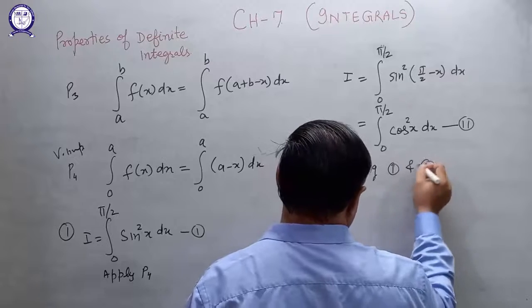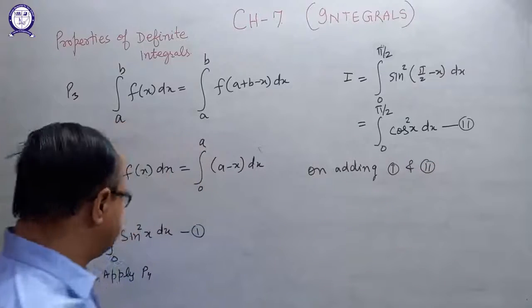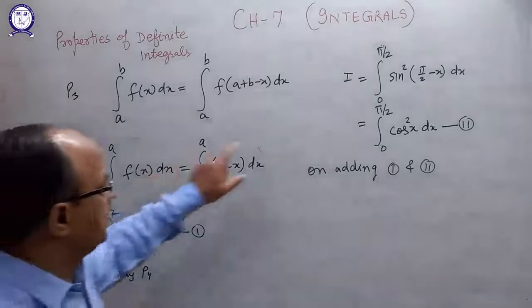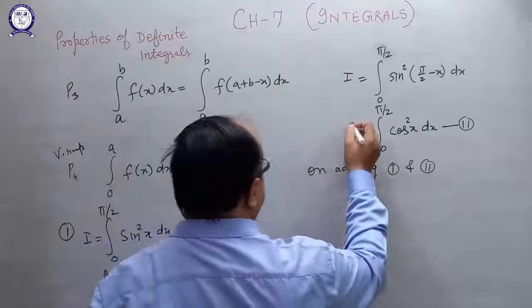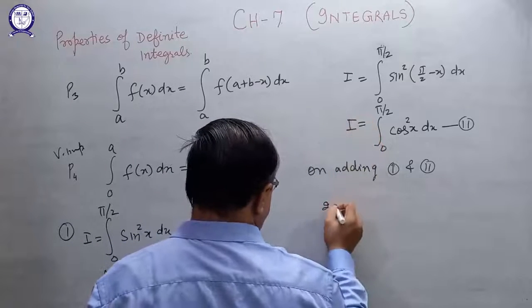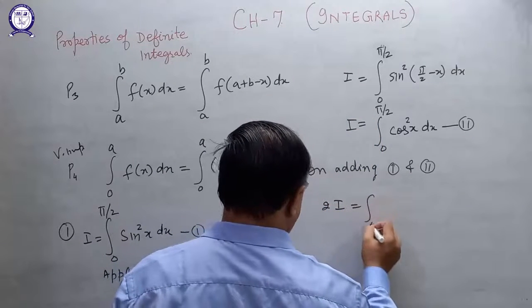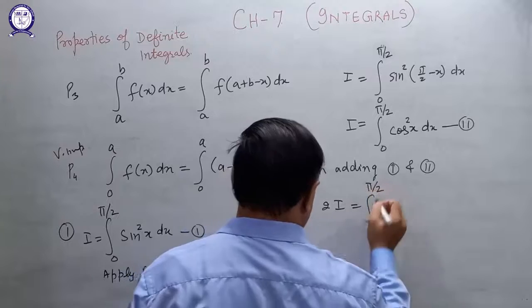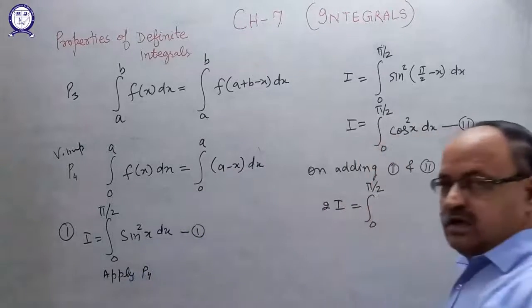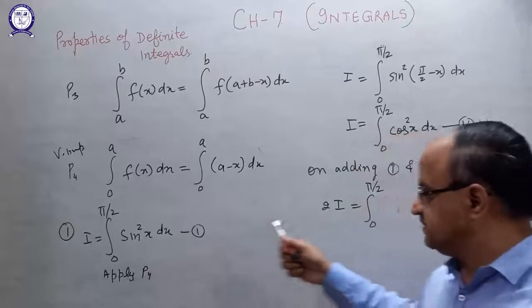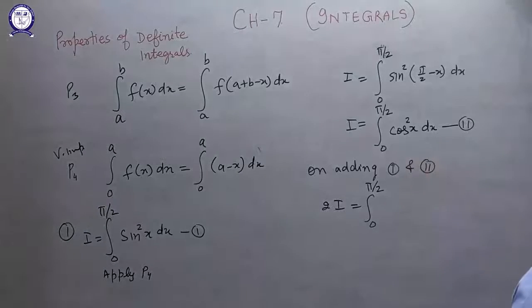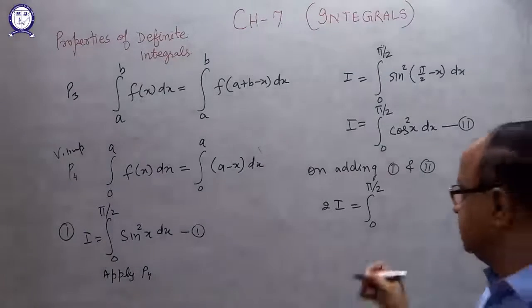On adding first and second, I plus I is 2I. Integration 0 to pi by 2 of sin square x plus cos square x, and sin square x plus cos square x is 1.